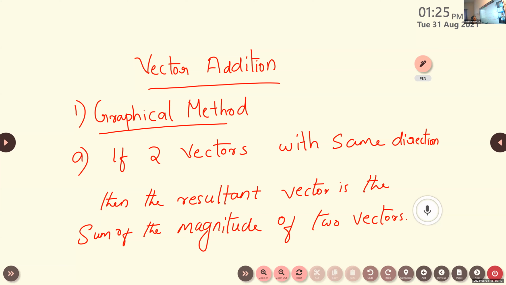So if we have two vectors with the same direction, then the resultant vector is the sum of the magnitudes of the two vectors.